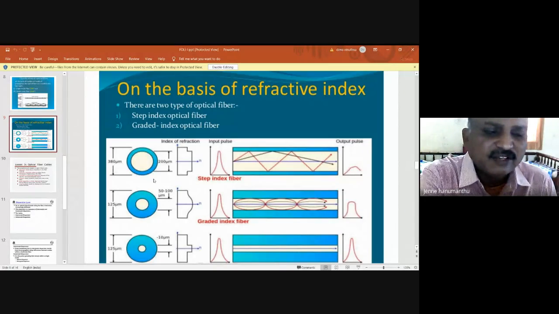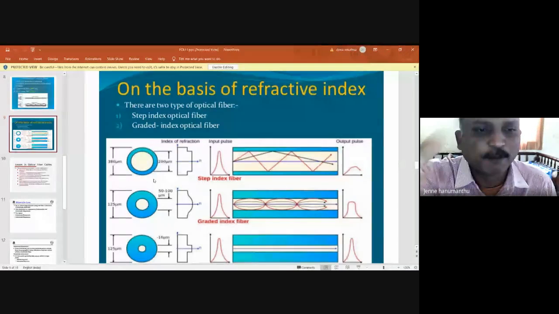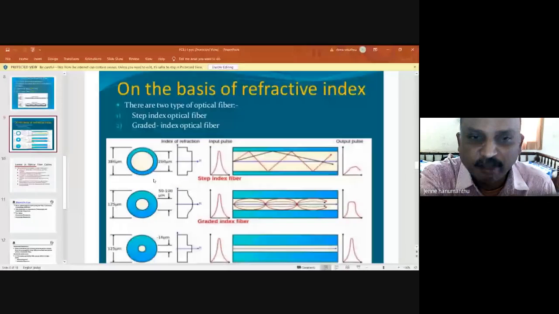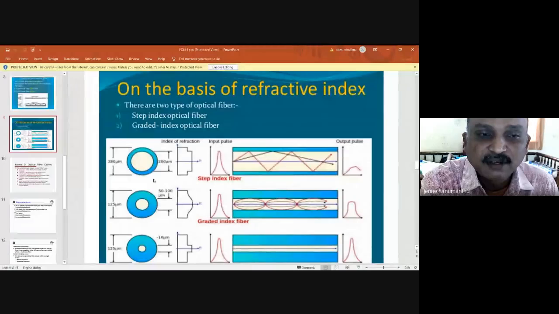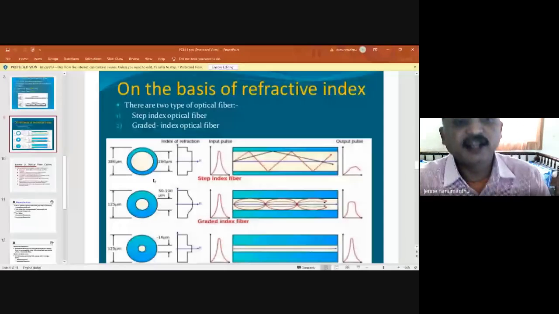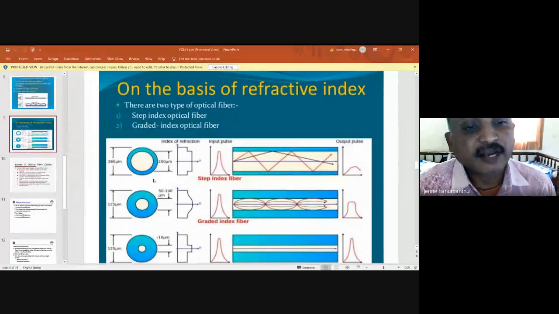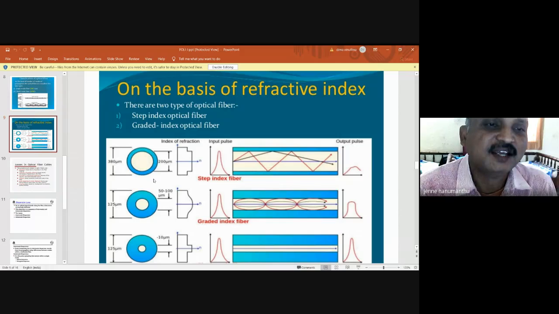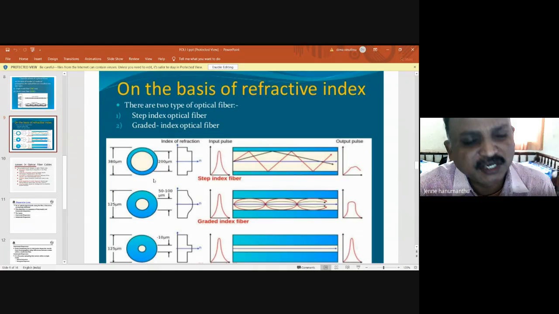When the fiber is straight, no problem. The light is propagated. But when the fiber is bent, the light may take a chance, enter into the cladding and go towards the atmosphere. That is called radiated. Light is radiated. That is called radiative losses, also called bending losses. Bending loss. You understand how many losses occur in this fiber. This comes under transmission characteristics. These are all transmission characteristics.